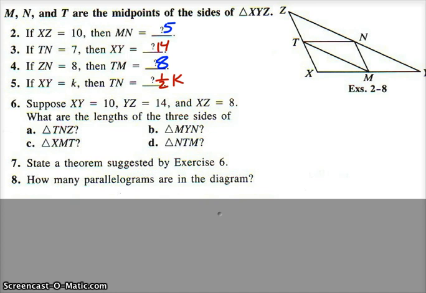So if I look, here's one, X, M, N, T. So here's one parallelogram. A second parallelogram you might notice is right here. And there's a third one right up there. So you do get 3 different parallelograms.